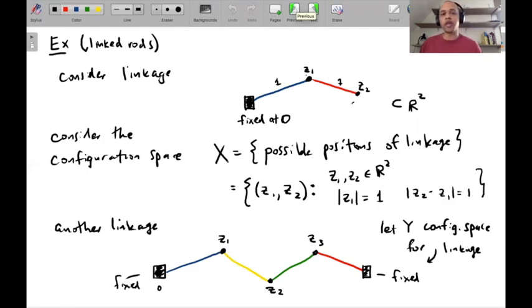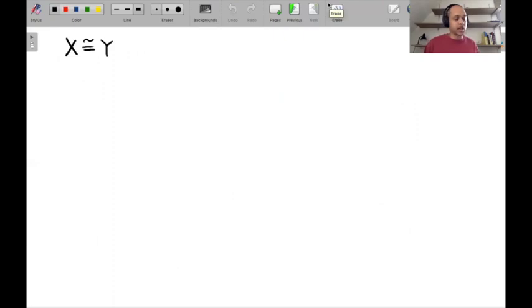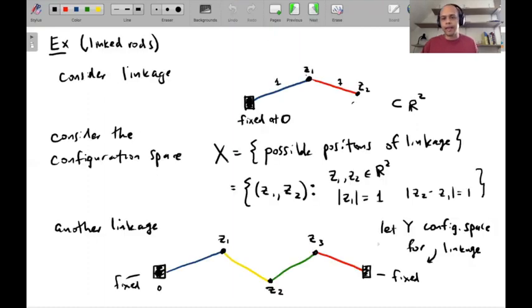So one thing that suggests that they could be topologically equivalent is to just think about what their dimensions are. So dimension count. Well, for X, so you have 2 variables.